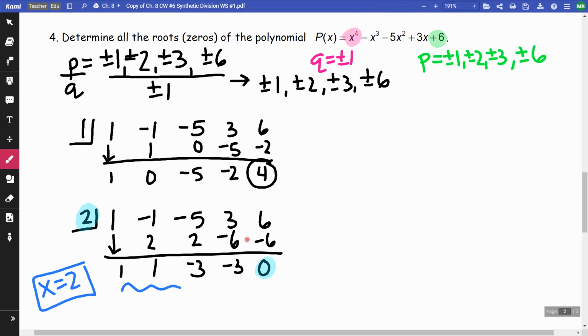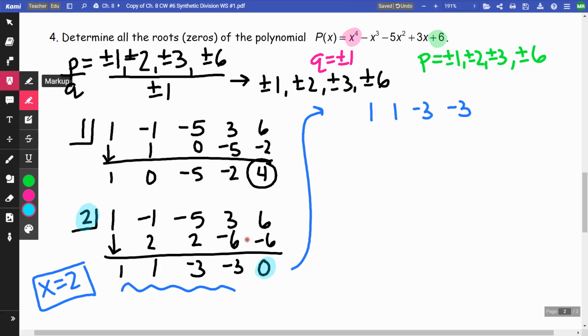So I'm going to take this degree 3 depressed polynomial, and that's what I'm going to try now. 1, 1, negative 3, negative 3. The one thing I'm going to say is my Q is still the same. My Q is still 1. But my P is now a negative 3.